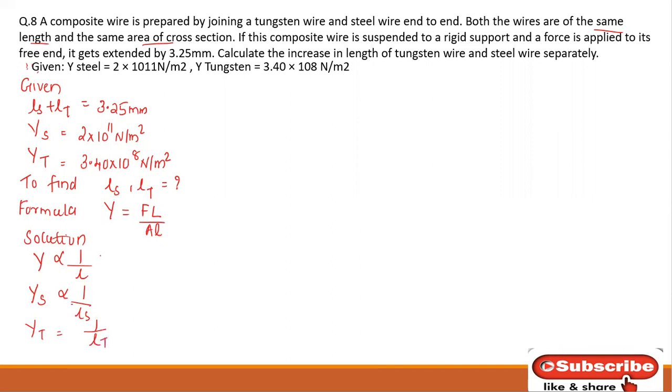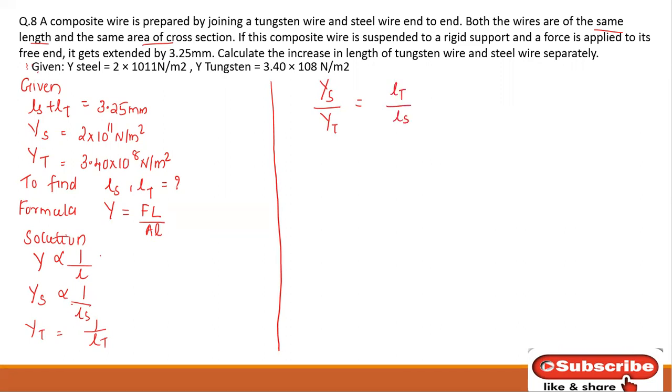Now on dividing these two equations, YS upon YT is equal to 1 upon LS upon 1 upon LT, that is LT upon LS.